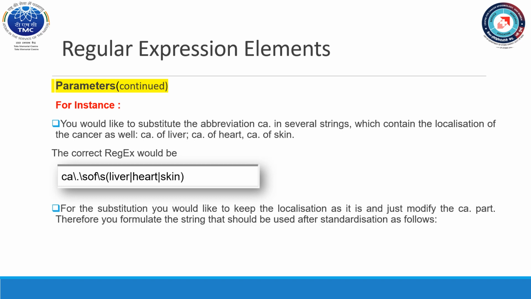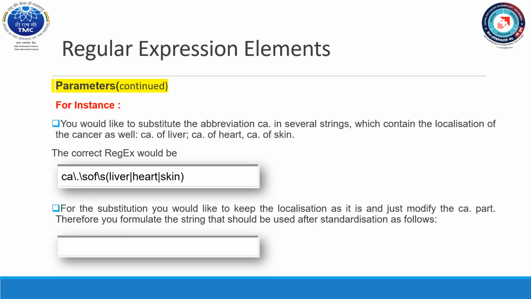For the substitution, you would like to keep the localization as it is and just modify the CA. part. Therefore, you formulate the string that should be used after standardization as well.